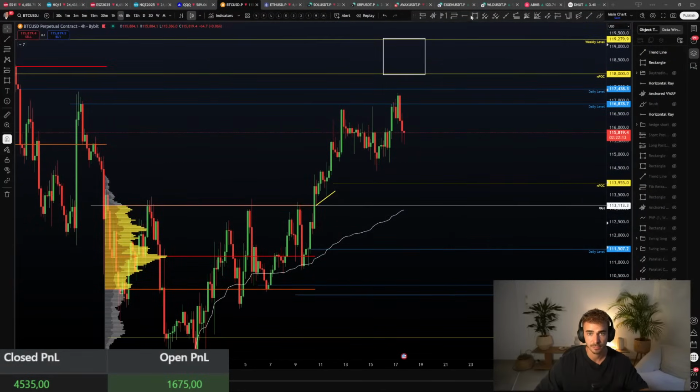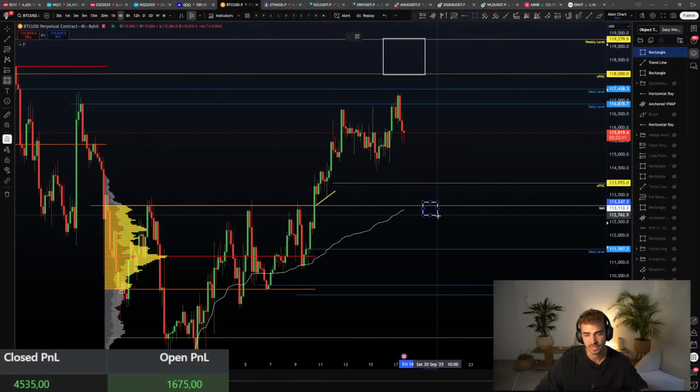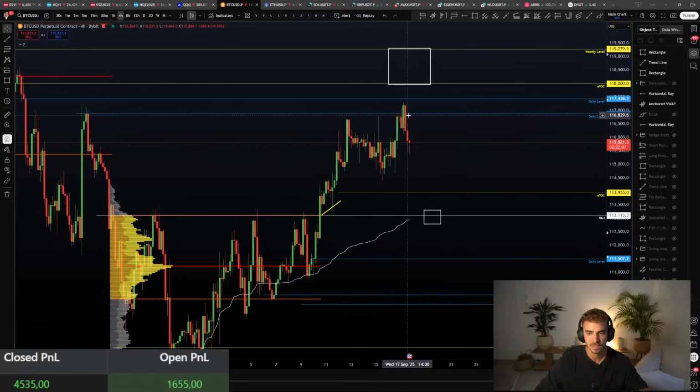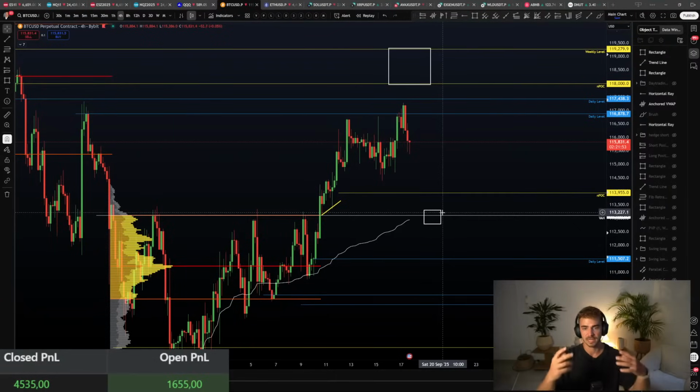So in my opinion, when it comes to trading the FOMC or the Fed interest rate decision, there are two interesting levels, this level to the upside, that level to the downside. We have to see if it's actually going to be that big of a move. In the stock market we can get those massive moves, where we can even look a couple of percentages away from the current price action, or at least many ticks away.